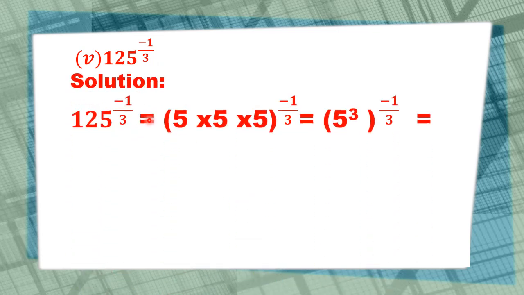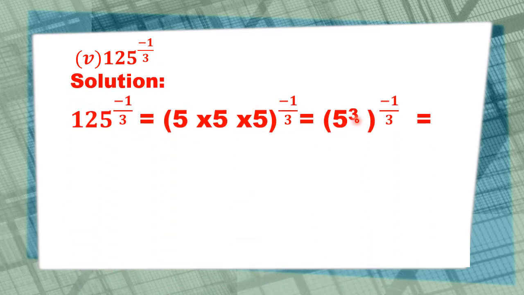Here is the next question. Again the same 125 is there which we did in the previous sum, but here the power is different. It is minus 1 upon 3. Now can you guess what 125 will be? It will be 5 raised to, yes, very good, 5 raised to 3. And then you will multiply it with minus 1 upon 3. Let's see how it works.